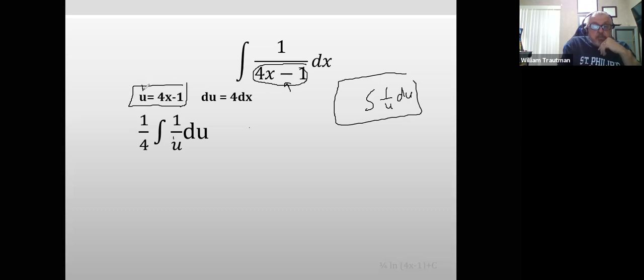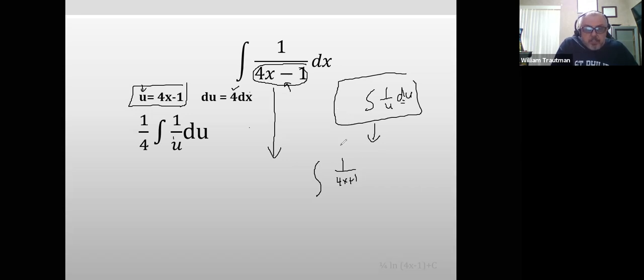When you take the derivative of u, the derivative of 4x is just 4, and the derivative of 1 is 0. So we get du equals 4 dx. Putting this into our formula, we have the integral of 1 over u, with u being 4x plus 1, and then du is 4 dx.